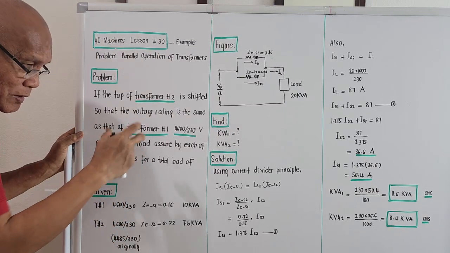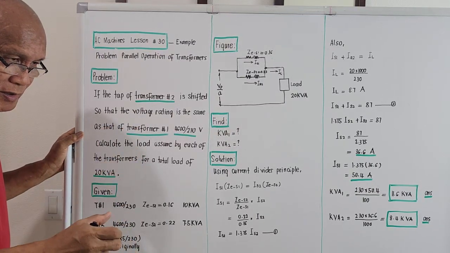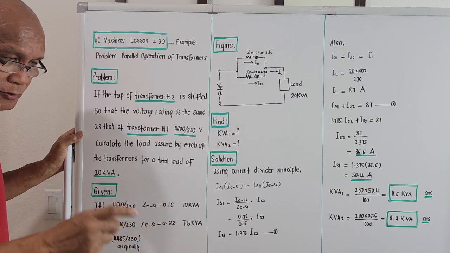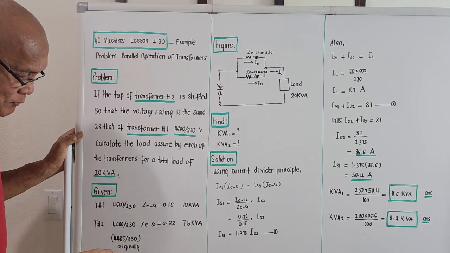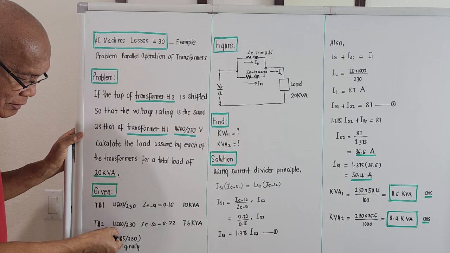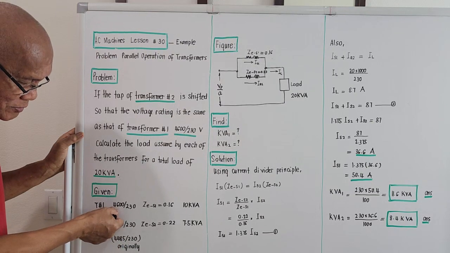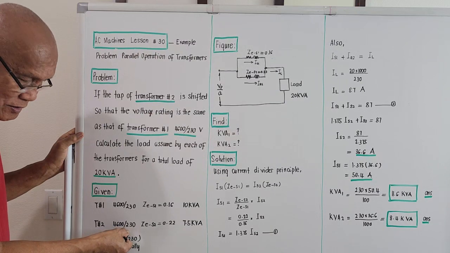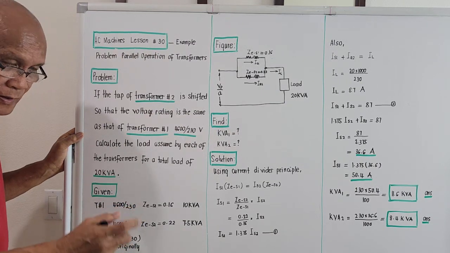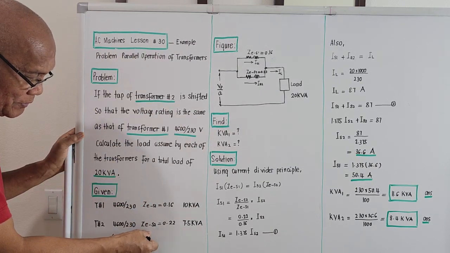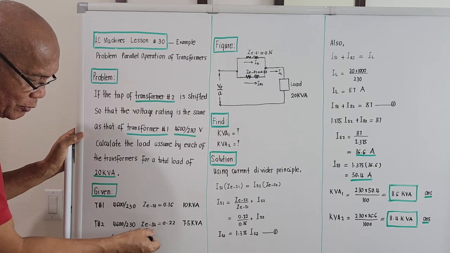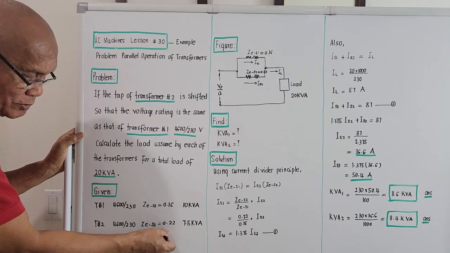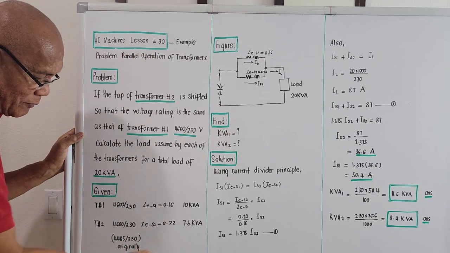But according to this problem, if we change the tapping of transformer number 2 so that the voltage specs will now become 4600 primary, same as the first one, and the secondary same as the first one, the equivalent impedance for transformer number 2 is 0.22, and the rating is 7.5 kVA.